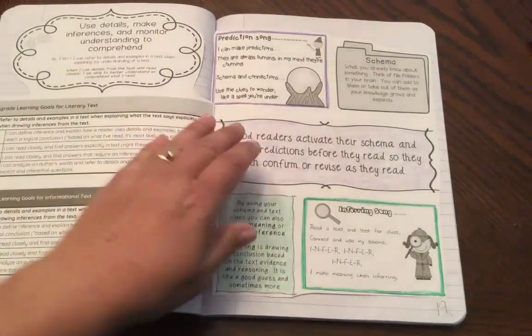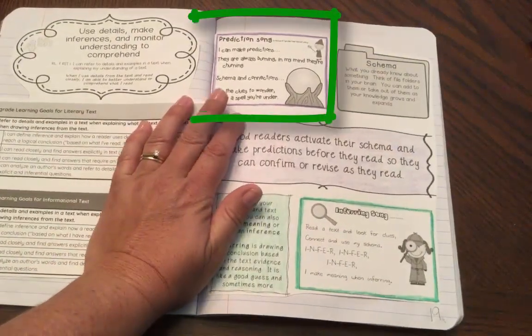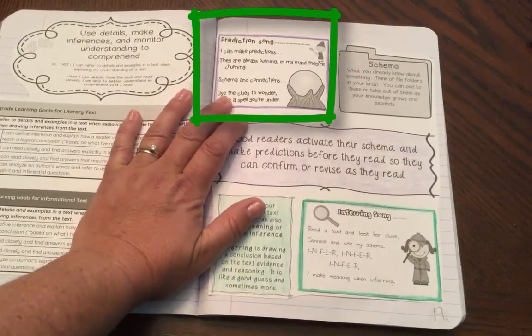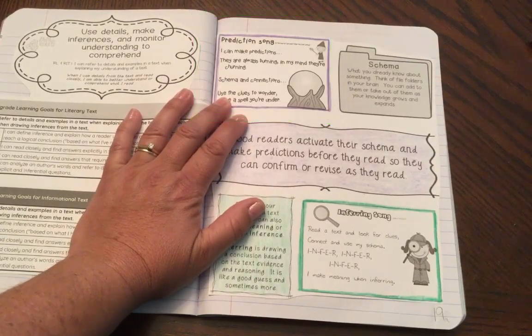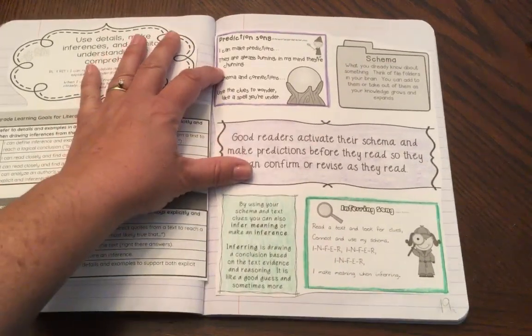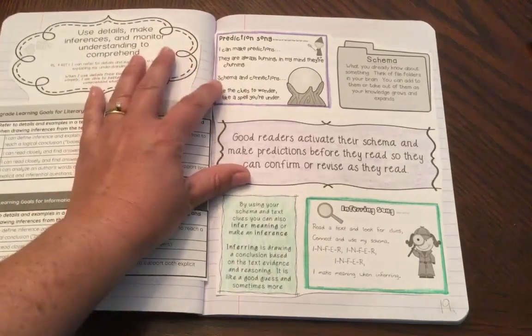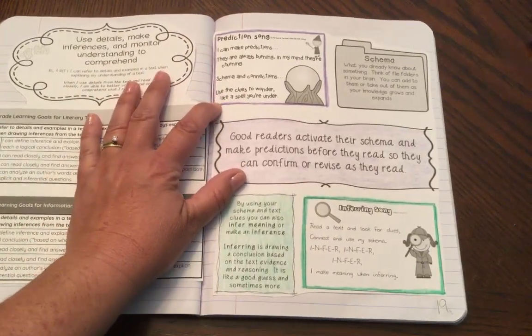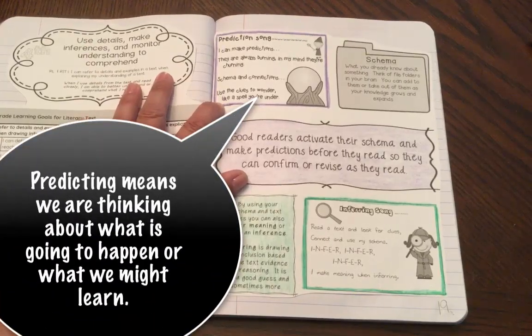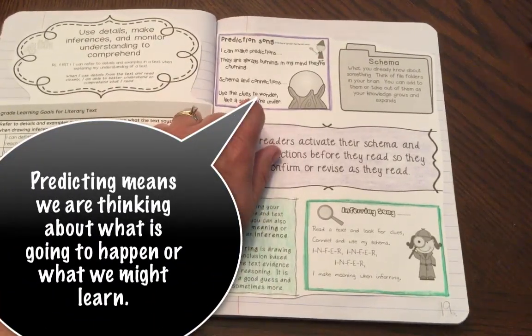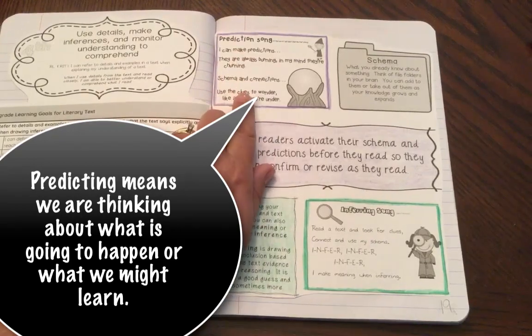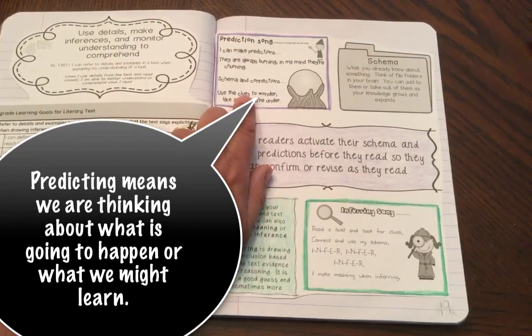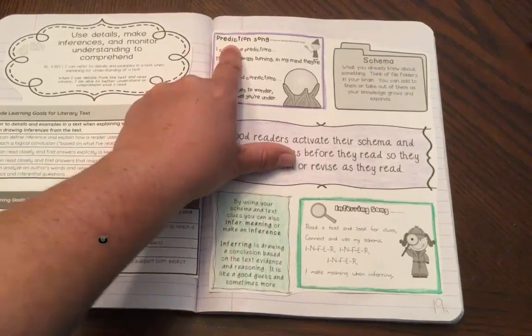Now, one of the things that really helps us is to make predictions. I can make predictions. They are always burning in my mind. They're churning. Schema and connections. Use the clues to wonder like a spell you're under. Okay, not really. But as a good reader, we should be thinking about what's going to happen or what we might be learning about as we read.